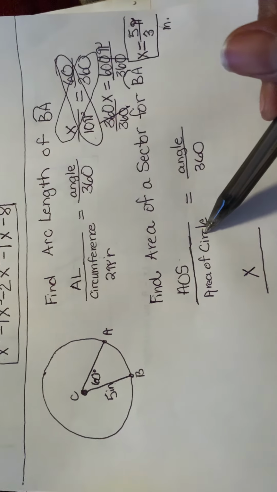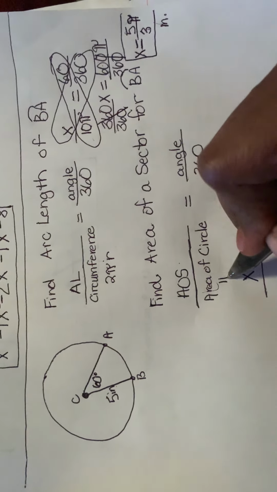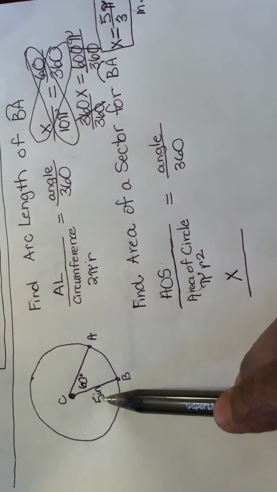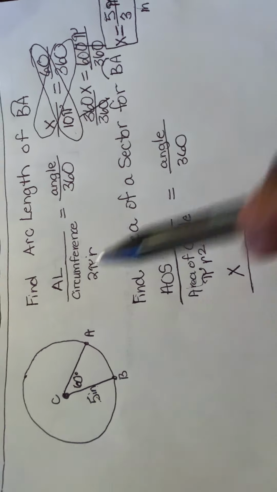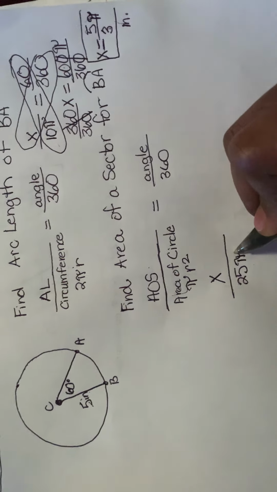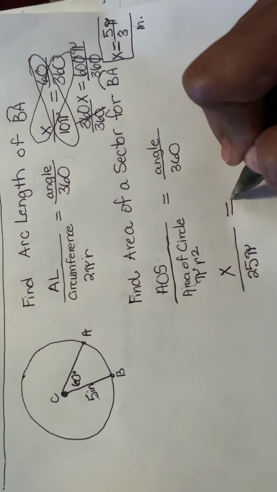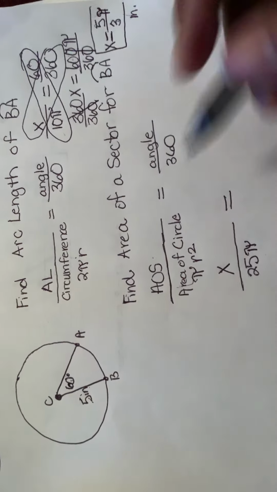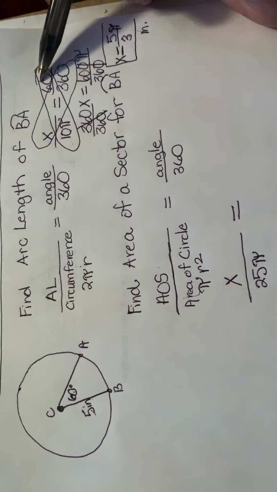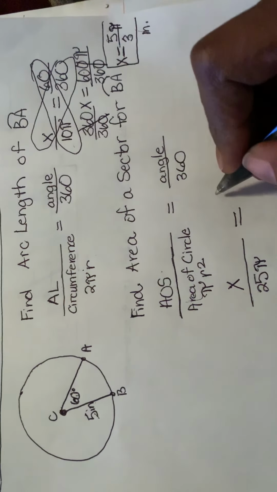The area of the circle formula is pi r squared. So I have to take this number, which is my radius, and square it, which would give me 25 pi. That's going to be equal to that angle over 360, which we've already found to be 60 over 360.